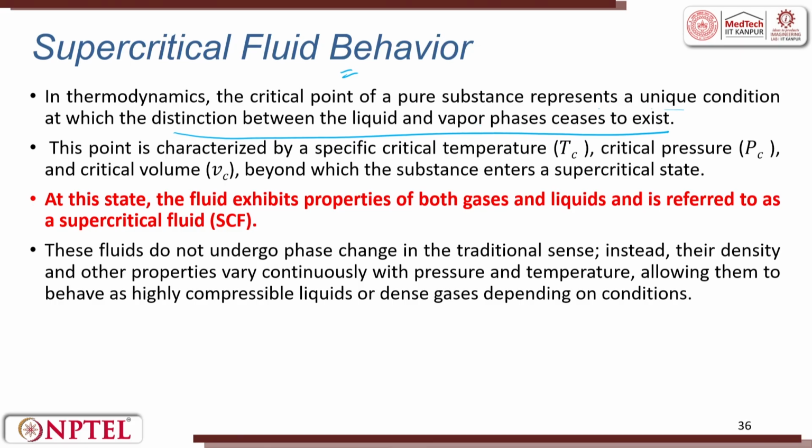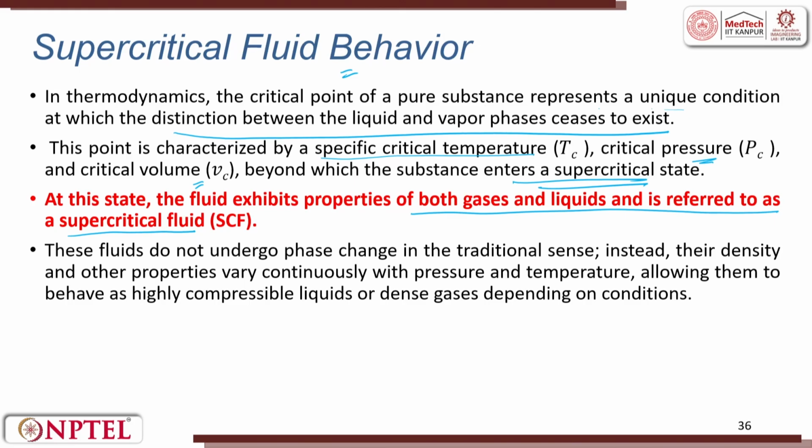This point is characterized by a specific critical temperature Tc, the pressure at this point is called Pc, and the volume is called Vc, beyond which the substance enters into a supercritical state. At this state, the fluid exhibits properties of both gas and liquid, and is referred to as a supercritical fluid. Here the property can exist both in gas and liquid form.